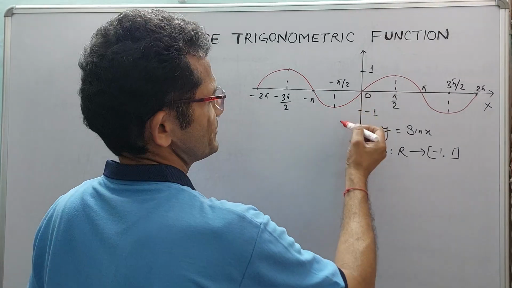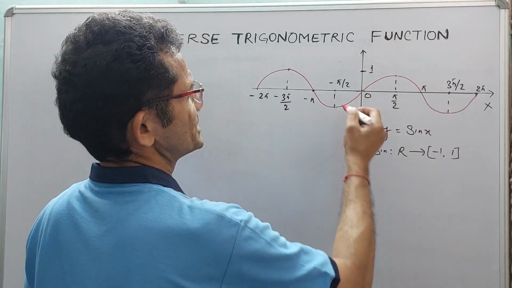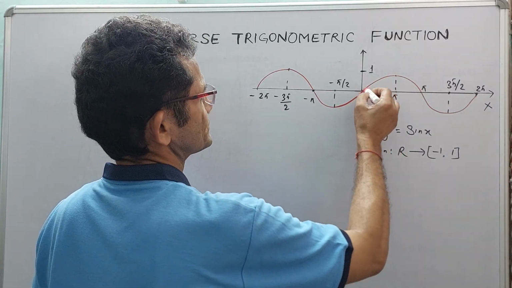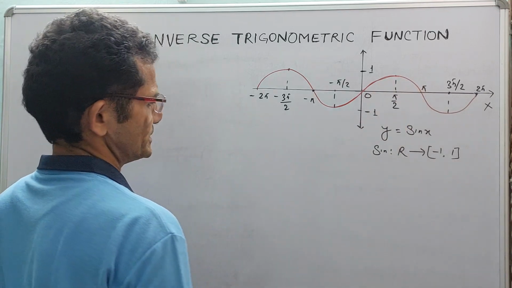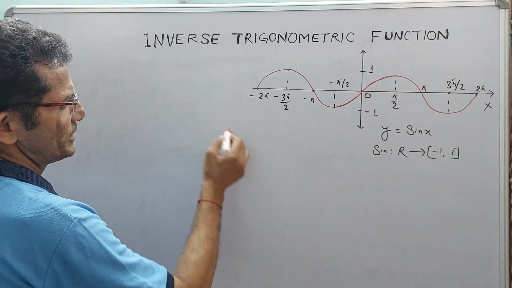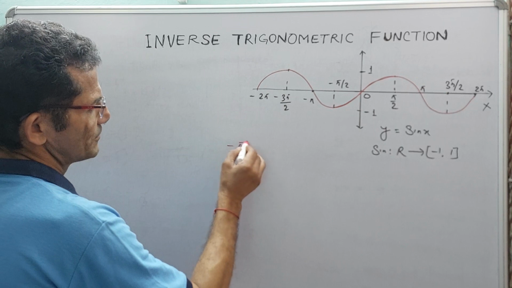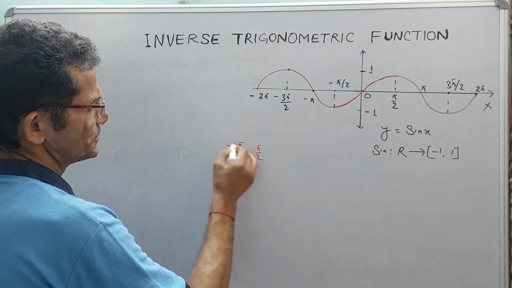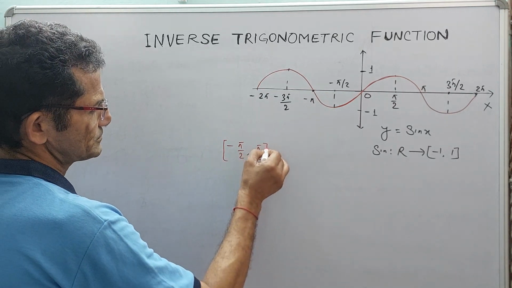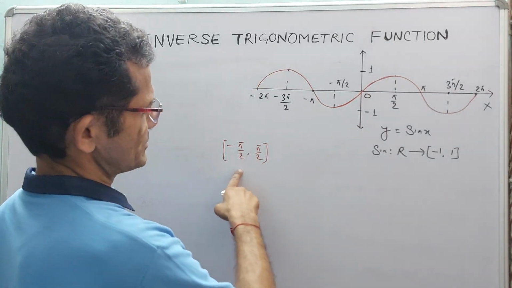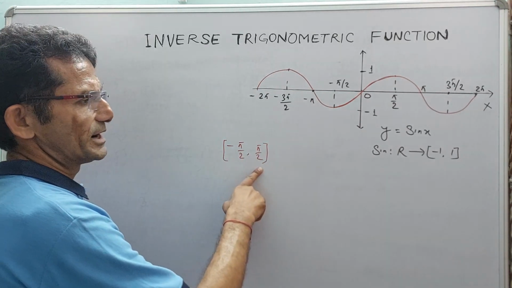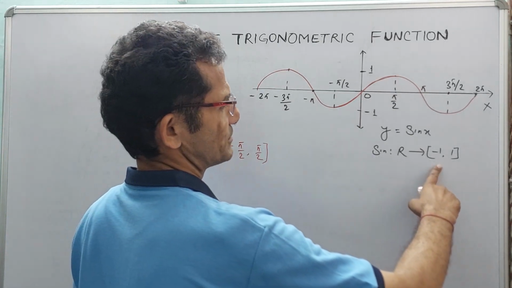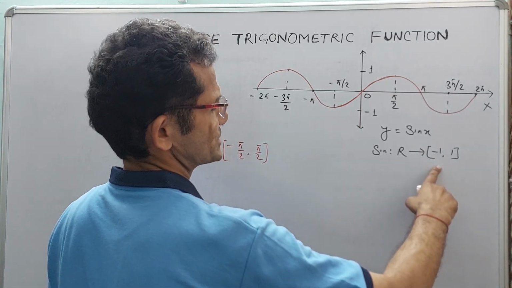If I restrict the domain of the sine function from here to here, so suppose our domain is the closed interval minus pi by 2 to pi by 2, we get the values of the range, which is -1 to 1.